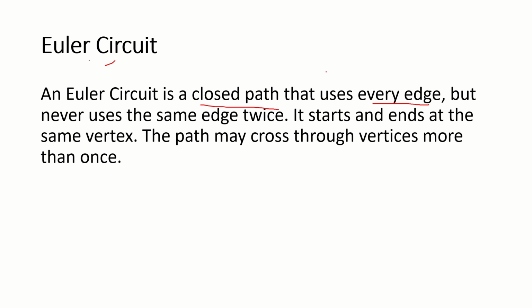And take note, since it's a closed path, it starts and ends with the same vertex. Now, in an Euler circuit, the path may cross through vertices more than once. So for the edges, it must be once, but for the vertices, you can cross this one multiple times.